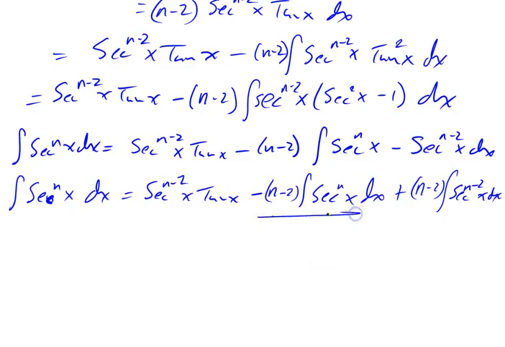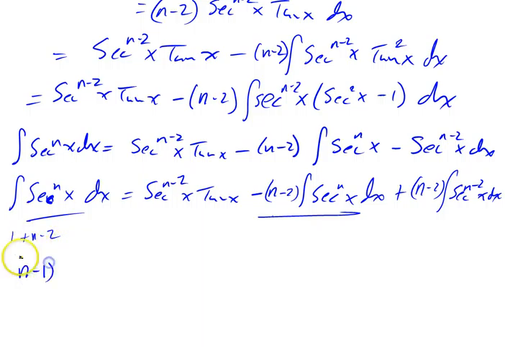So now I'm going to get this together with that. I'm going to add n minus 2 of these things over to that side. There's 1 over here already, I've got 1, and I'm going to add on n minus 2. So that is a total of n minus 1 of them.